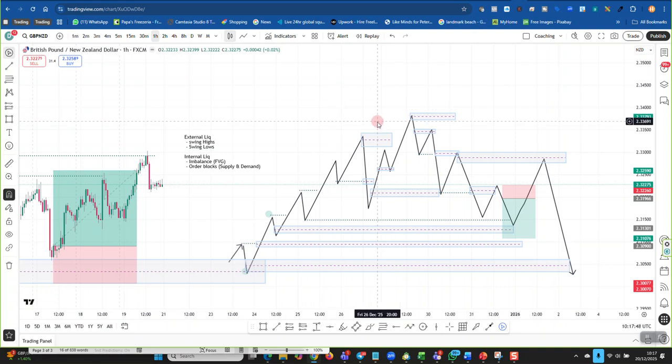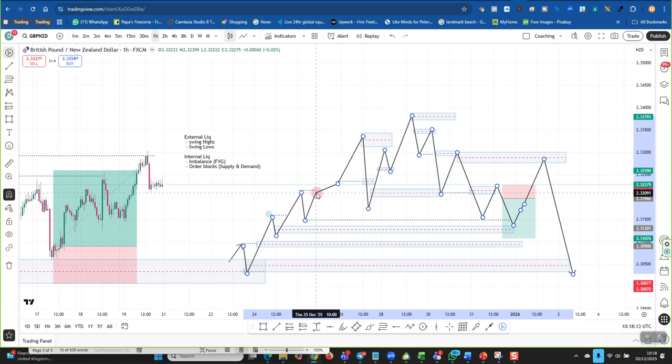I want to record this video to paint some further picture or create some context around this. Some of the questions I started to get are, for instance, we see this high here, and when this move started to be formed, why did this move not get here, because that's an area of liquidity?